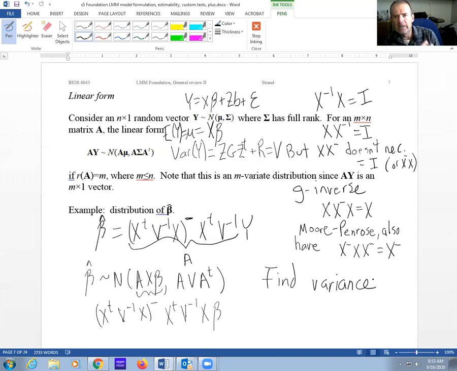I don't spend a lot of time in this class on matrix algebra, but I do want you to know some of the basics. So we can talk more in office hours if there are any specific things that you need to know about matrix algebra, the kinds of things that you would need to finish question 4 to get the variance of beta hat.